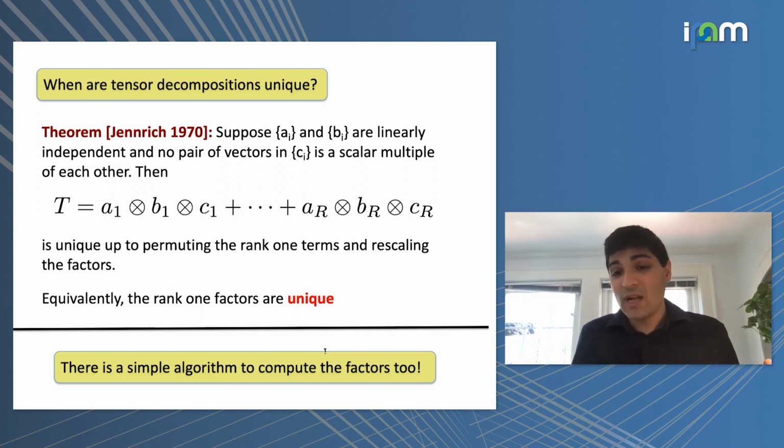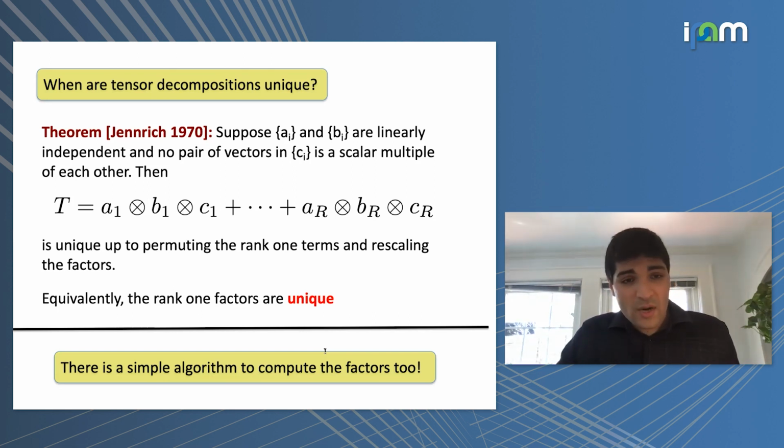So after Kruskal's paper, people forgot about Jennrich's algorithm. They forgot that even though Kruskal's uniqueness theorem was stronger, Jennrich's at least came with an algorithm. So over time, people in statistics and computational biology and theoretical computer science and machine learning all discovered this one simple algorithm that I'm going to show you.